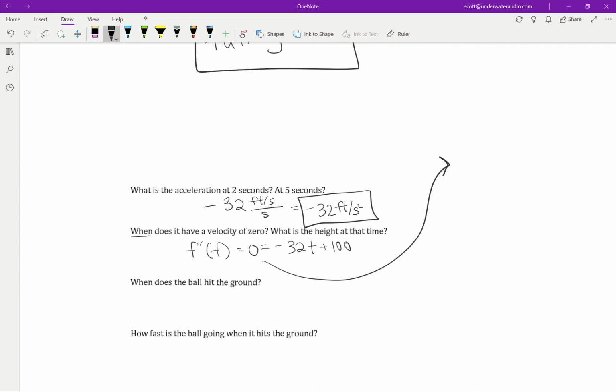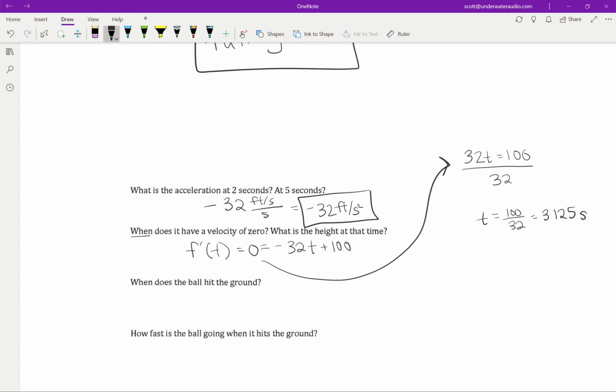I'm going to start by adding 32t to the other side. 32t equals 100. Divide by 32. T equals 100 divided by 32. Calculator time. 100 divided by 32, that's 3.125. So at 3.125 seconds, the velocity is 0.